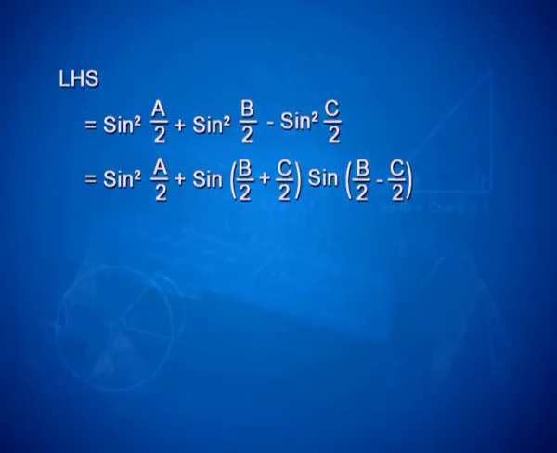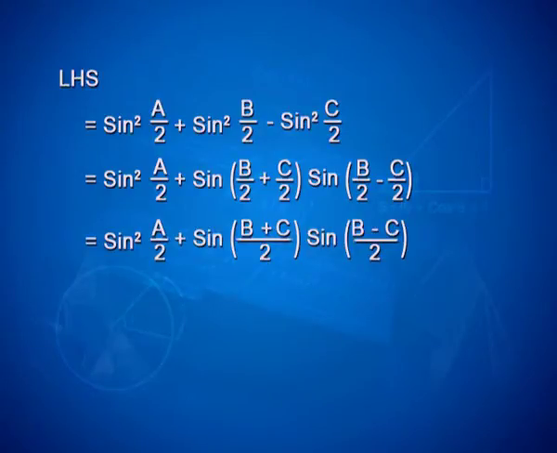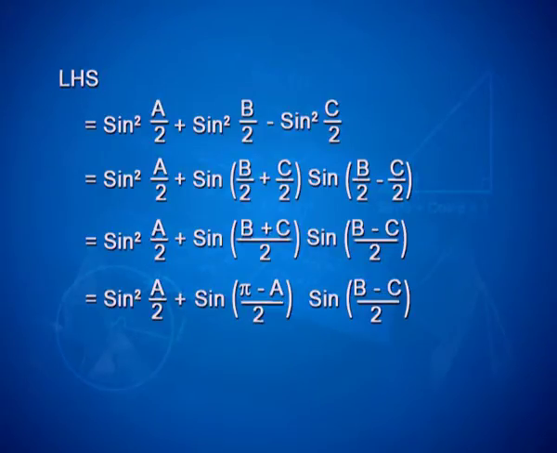This again can be simplified as sin square a upon 2 plus sin b plus c upon 2 into sin b minus c upon 2, that is equal to sin square a upon 2 plus sin pi minus a upon 2 into sin b minus c upon 2. I hope you understand how I have written b plus c upon 2 as pi minus a upon 2, because a plus b plus c is equal to pi, we are given in the question.